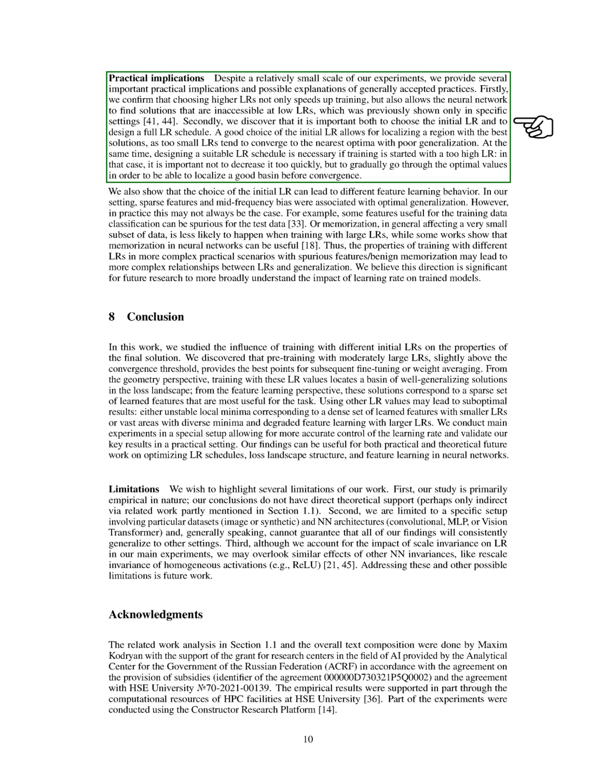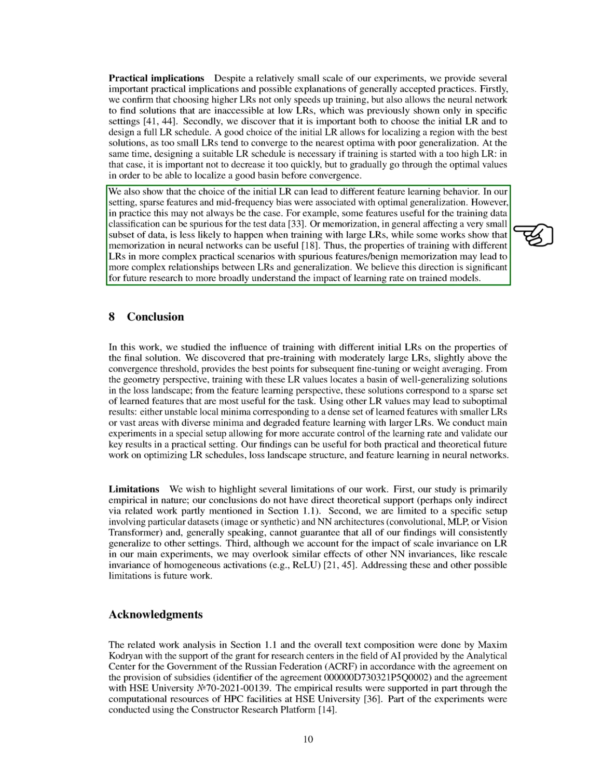Next, we emphasize the importance of selecting both an initial LR and a comprehensive LR schedule. A well-chosen initial LR helps us find the best solution region, as very low LRs often lead to suboptimal solutions with poor generalization. Additionally, if we start training with a high LR, we need to carefully manage its decrease, ensuring we gradually explore optimal values to locate a good solution basin before convergence.